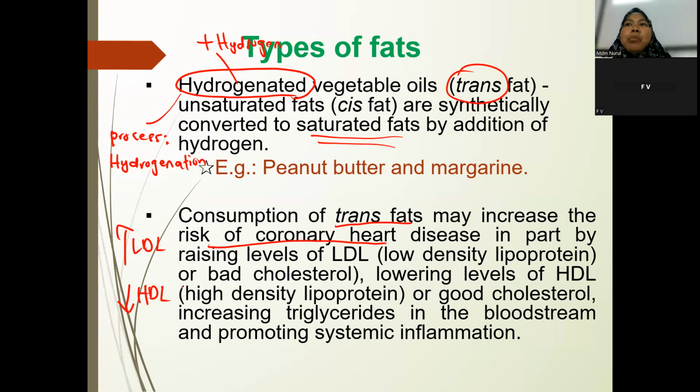Low density lipoprotein. Lipo is lipid, protein is protein. Dalam bahasa biasa, bad cholesterol. Ni LDL is bad cholesterol. Ni you all kena tahu ni, nurses semua. Okay. HDL is a good cholesterol.